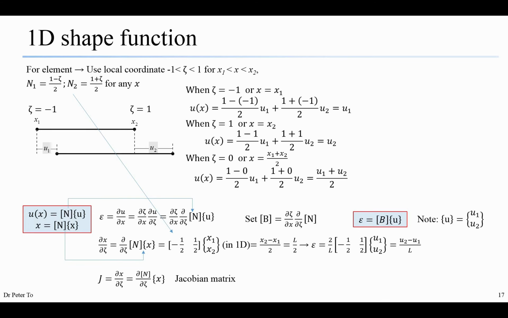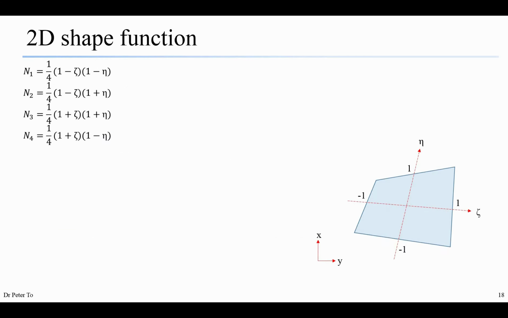Please note that the Jacobian matrix in 1D is the matrix dx/d zeta. In 2D simulations, we have two local coordinates, zeta and eta, which go from −1 to 1. The values of N1, N2, N3, N4 for nodes 1, 2, 3, 4 are as shown on the slide.